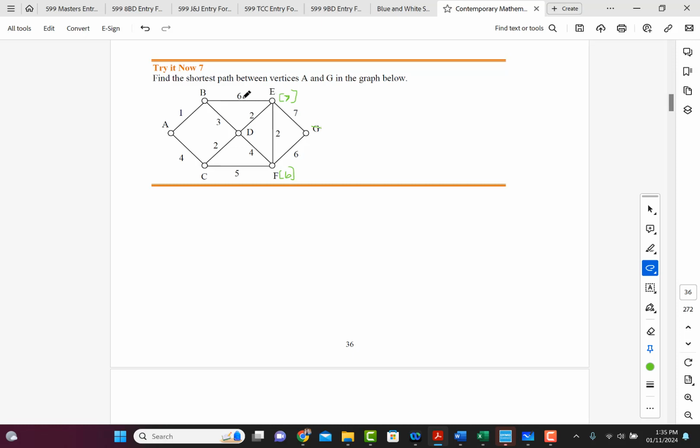Now, with this in mind, we're going to go B, D, and F. So we're at E. What do we do?